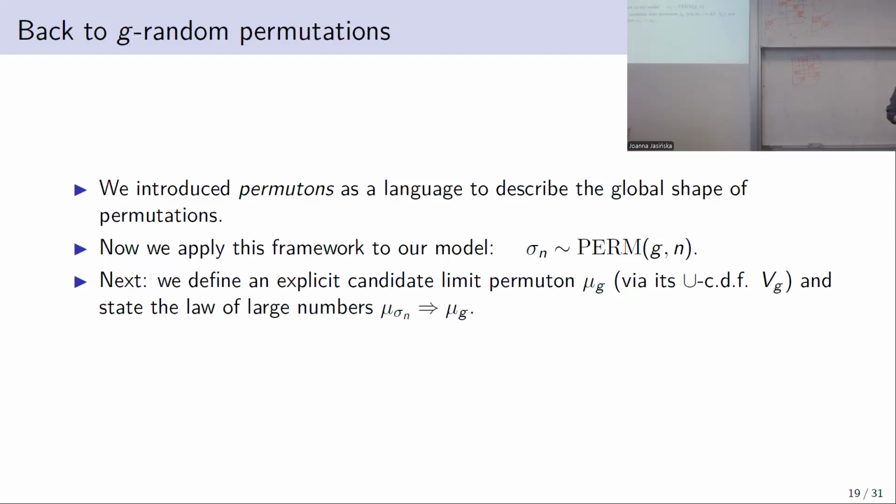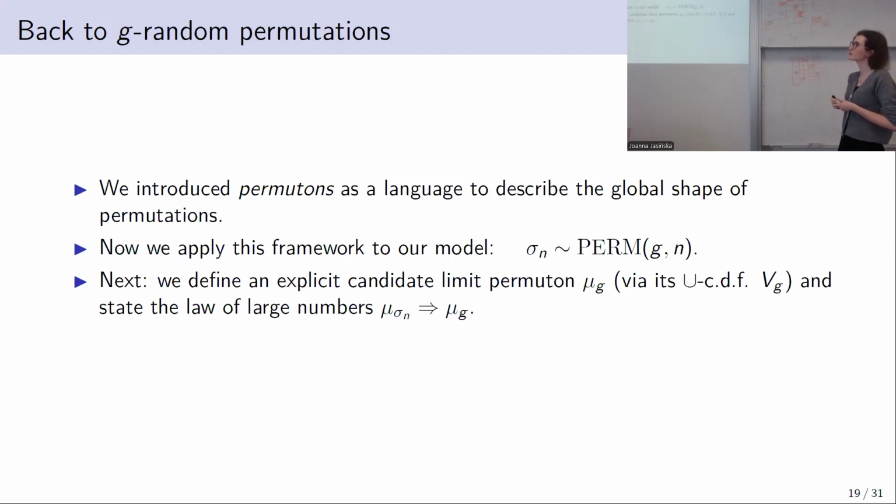So coming back to the g-random permutations, to our general model, let me just quickly recall that we had some function g, it satisfied some assumptions, and according to this function g, I was drawing cards from the deck. And Mallows and KCM were special cases of this procedure.